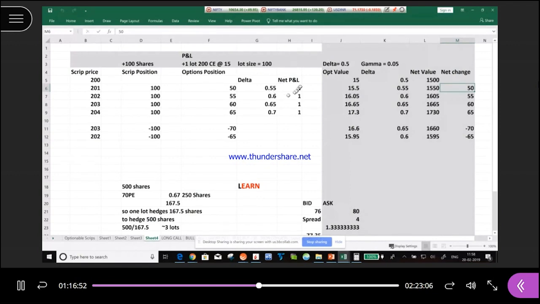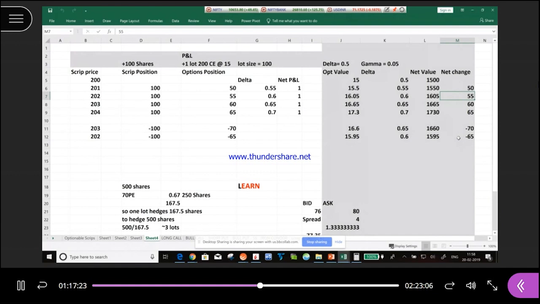Now, as the stock keeps on increasing, your option value will also increase, your delta value will also increase, isn't it? And your PNL will also increase. So now, if you see, your PNL has changed by 55 rupees, which means 55% of the shares are participating now. Correct?